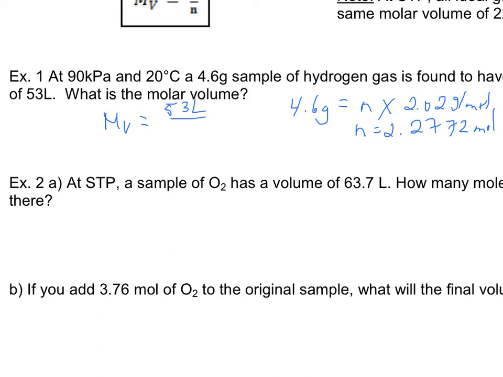I can now sub in what moles equals and complete the calculation. Now I can only keep 2 sig digs because of my 53 liters. So I'm going to have to round this to 23 liters per mole.